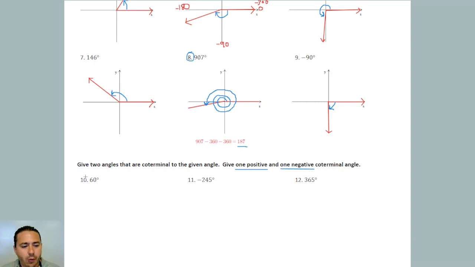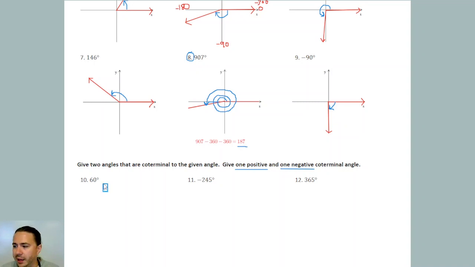So what we're going to do, basically, and we might have to adjust depending on what the numbers are, is add 360 to find a coterminal angle that's positive, and subtract 360 to find a coterminal angle that's negative. Now, if your angle is already bigger than 360, you might have to do it twice, but the basic idea is the same.